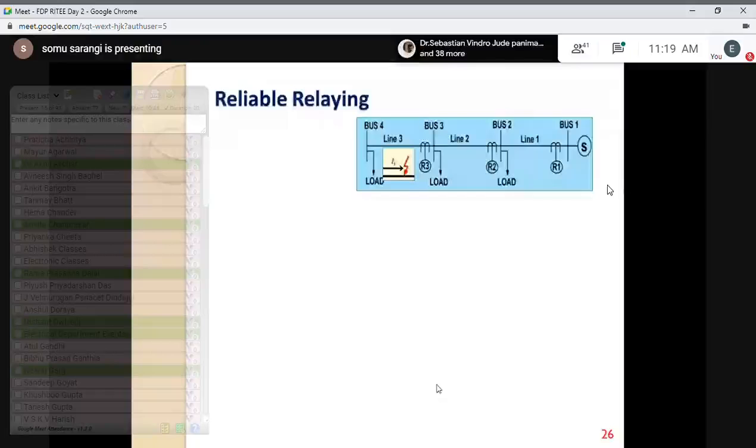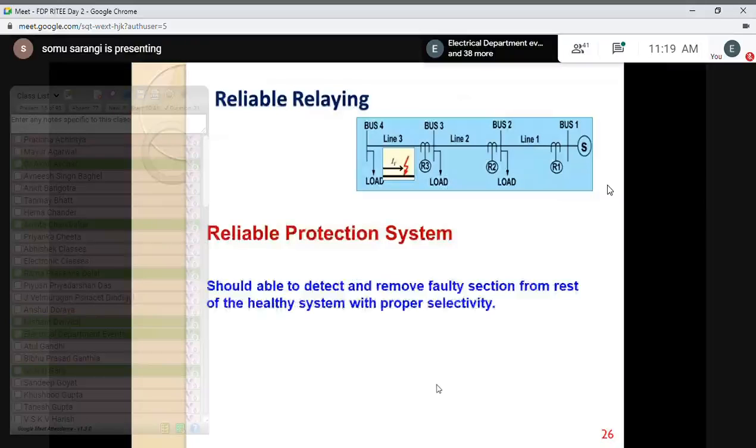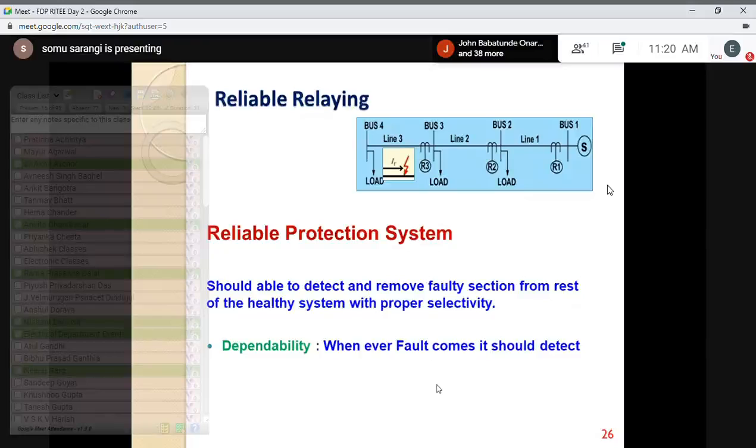So what is a reliable relay? A reliable protection system should be able to detect and remove the faulty section from the rest of the healthy system with proper selectivity. To obtain this criterion, we should have the following characteristics in our relay system. The first one is called dependability.